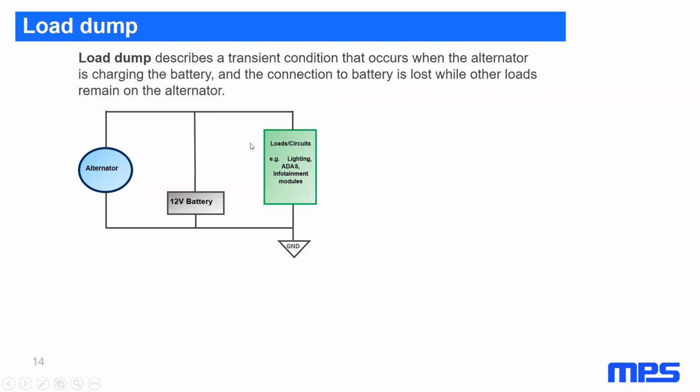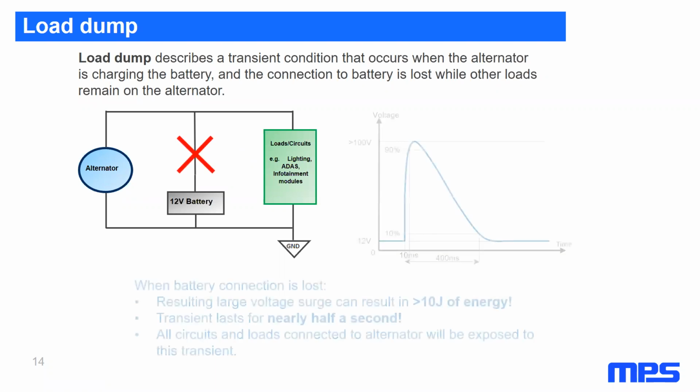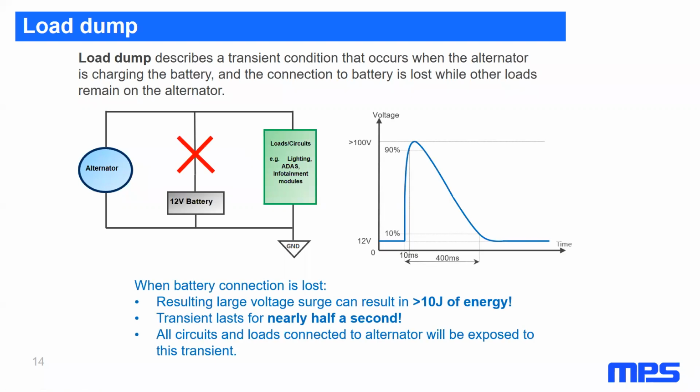When the battery connection is lost, the resulting large voltage transient can generate greater than 10 joules of energy, and it has a long duration that can last for nearly half a second. All circuits and loads connected to the alternator will be exposed to this large transient.